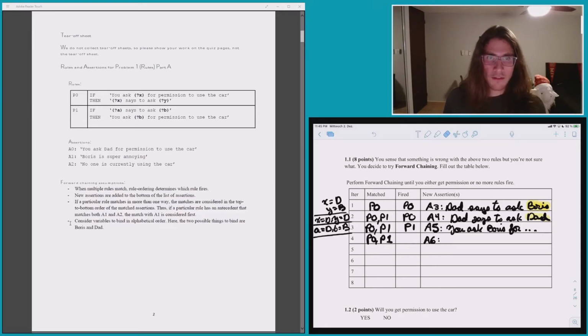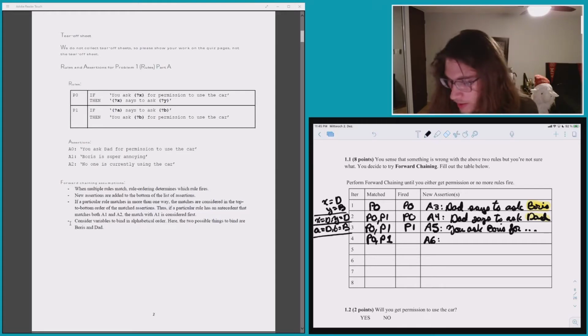Now P0 can fire once again with a new variable binding. This is the new variable binding that can take place: X equals Boris and Y equals Boris.